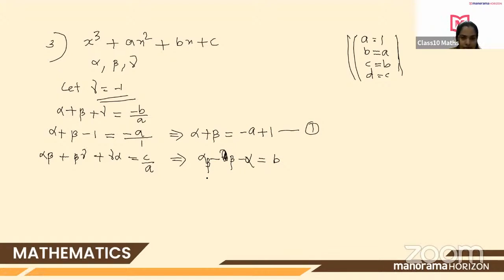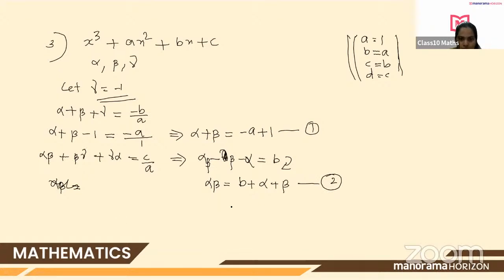Okay, so from here alpha beta is equal to b plus alpha plus beta, taking these values to the right hand side. Take this as equation 2.